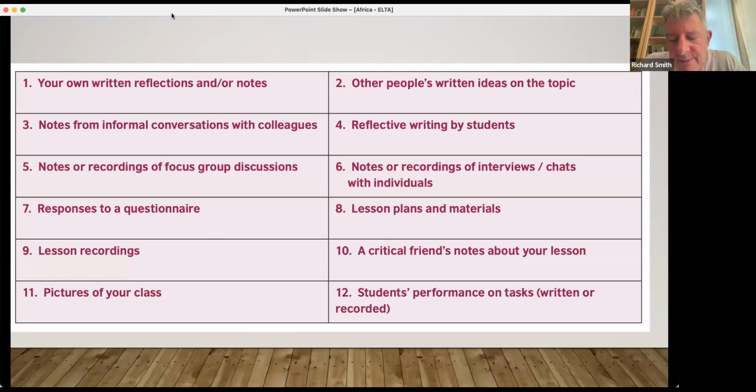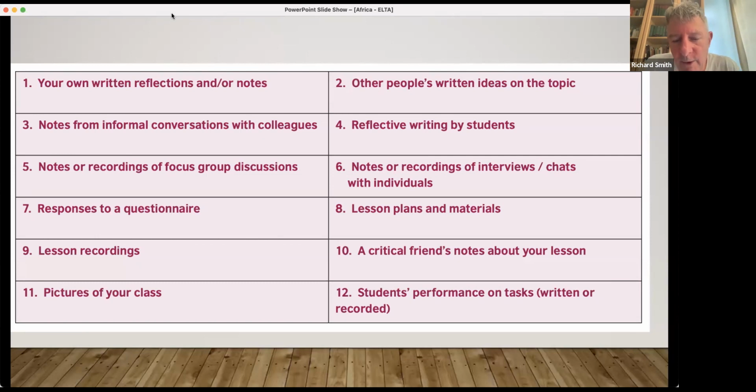So a critical friend just means another teacher who is willing to sit in your class. And that may be available for you. It may not be available for you. Some of these might be practical for you. Some of them might not be practical for you. We've just got to find out which is best in your situation and which is best according to your own research questions. So I'm going to encourage you to think about your own situation.